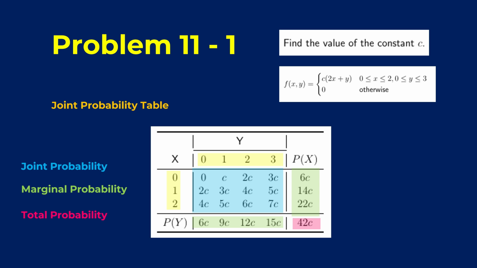Now we can solve our question very easily because we have the total probability value, and we know that this total probability value must be equal to 1. So we can equate 42c equal to 1, and from here we can find the value of c, which is 1 by 42.